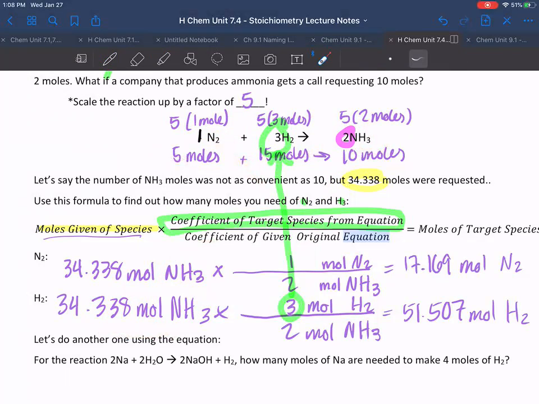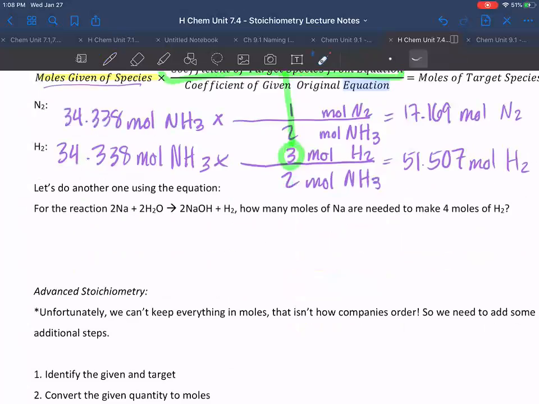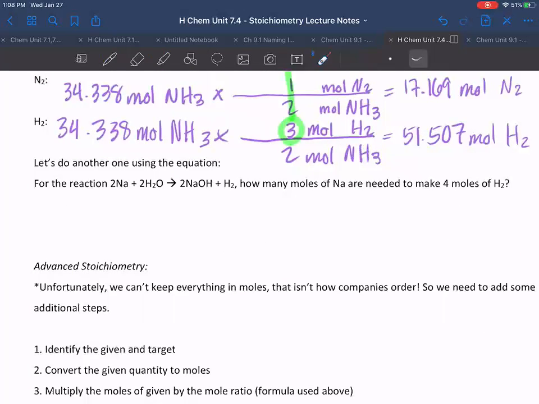Okay. Let's just do one for sodium and water. How many moles of Na are needed to make 4 moles of H2? So our given is this 4 moles of H2. I'm going to call that my given. My target is moles of Na. So if we start with our given, we have 4 moles of H2.